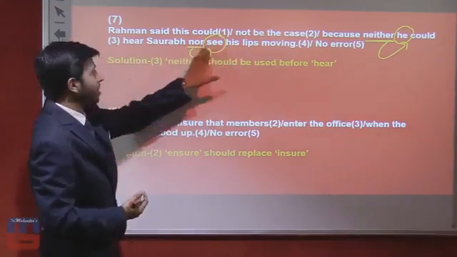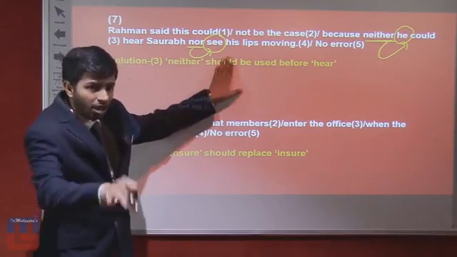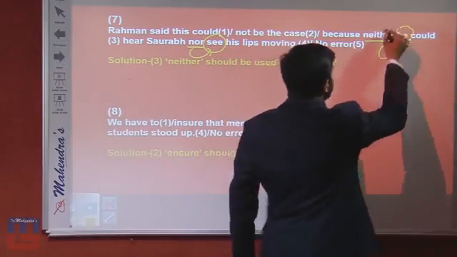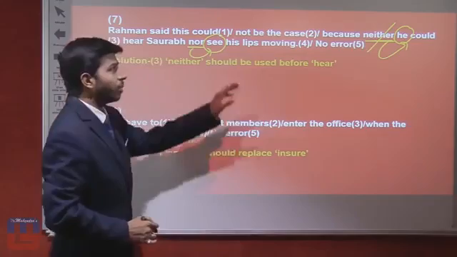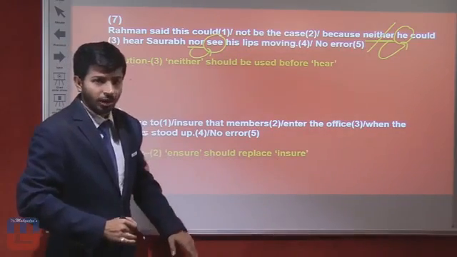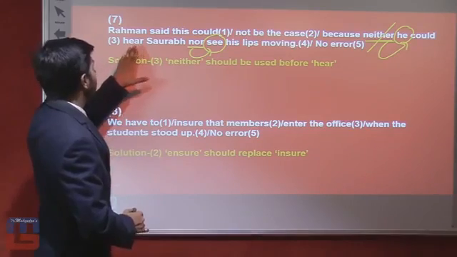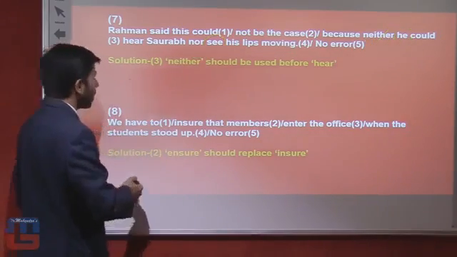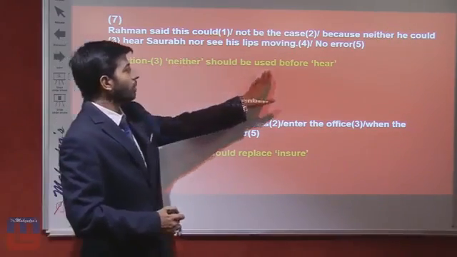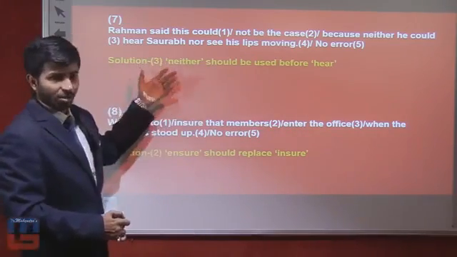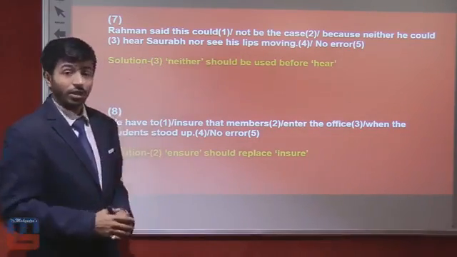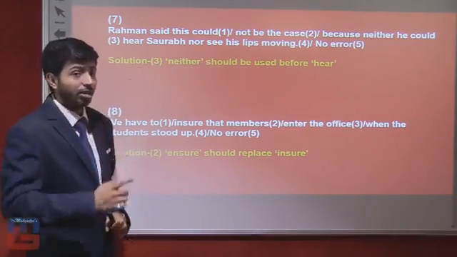So here hear and see are parallel parts of speech, therefore we just have to change the position of neither. The position of neither is being changed and we have to write neither just before hear. So the error in the given part number 3: neither should be used before hear. This is a very important rule of conjunction. You should write and learn this rule.